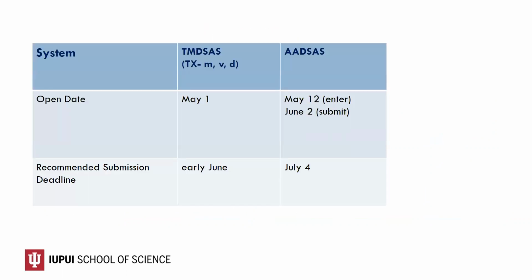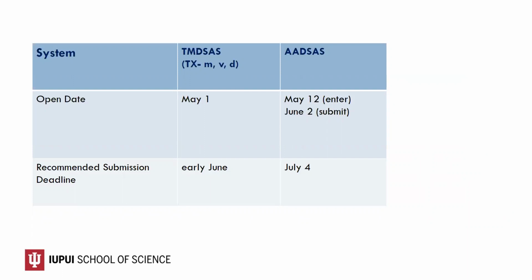As we think about the opening of the cycle, we should talk about how each application system opens on a slightly different timeline. So for individuals who are choosing to apply to public Texas dental schools, you will apply using the TMD-SAS application.